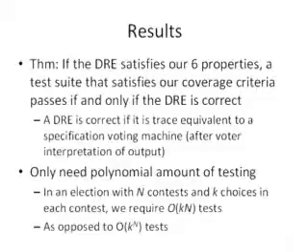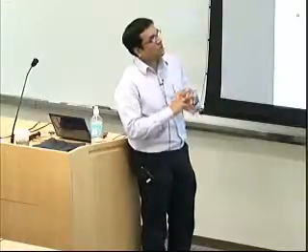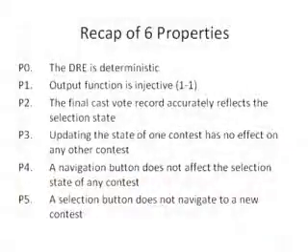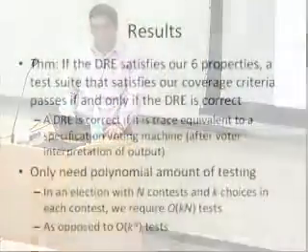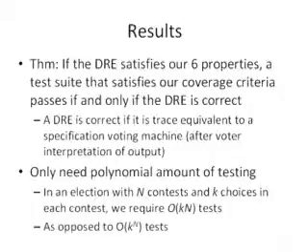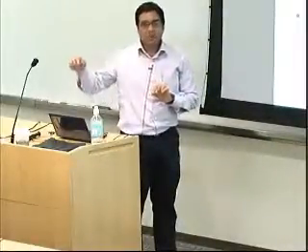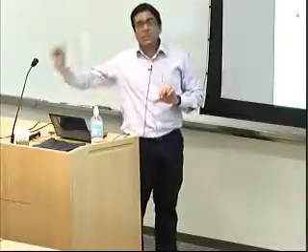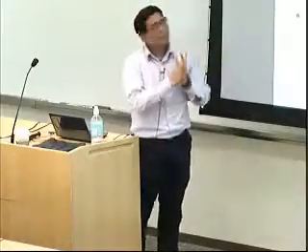We have a theorem with proof in the paper, which says that if the DRE satisfies the 6 properties that I talked about, just to recap, proving determinism, proving injectivity, proving the correctness of the cast record, and then proving independence, and we further generate a test suite that satisfies our coverage criteria, and all those tests pass, then we can be assured that the DRE is trace equivalent to the specification voting machine for the interpretation function that is represented by the voter panel, and vice versa, right?